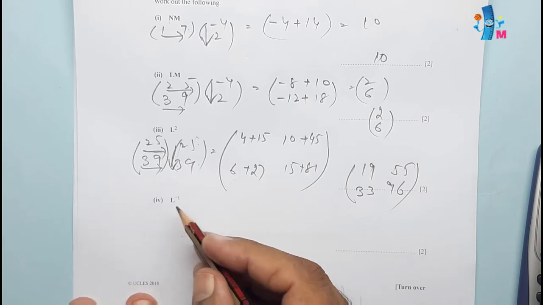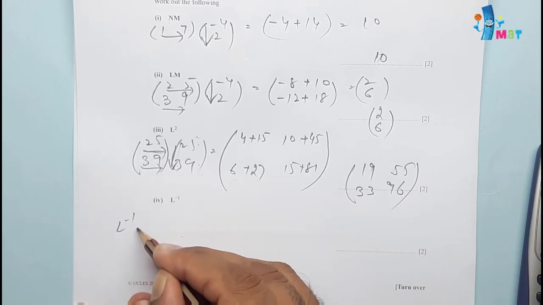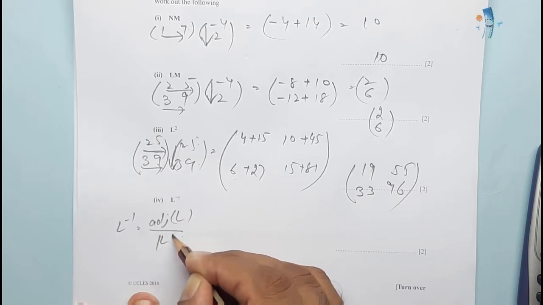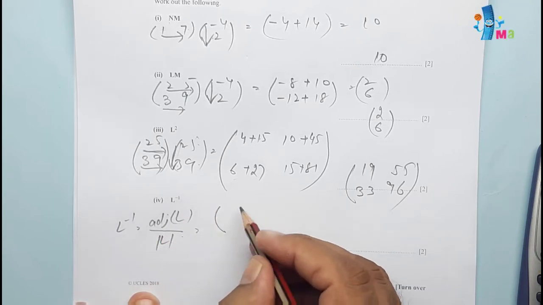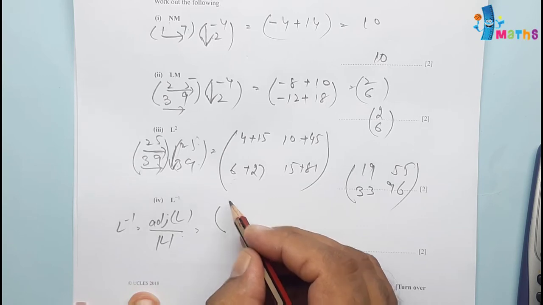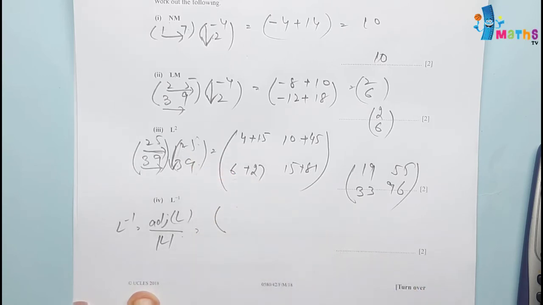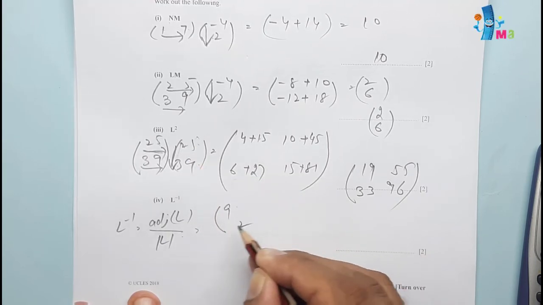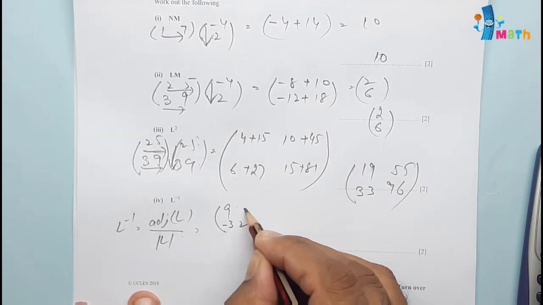Then L inverse, we know L inverse is equal to adjoint of L over mod L. Adjoint of L is changing location and sign, so we will change location and sign of L. This is basically L, 9 and 2, so 9 here, 2 here, and sign minus 3 and minus 5.